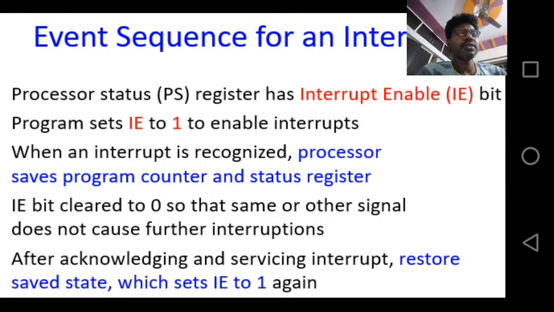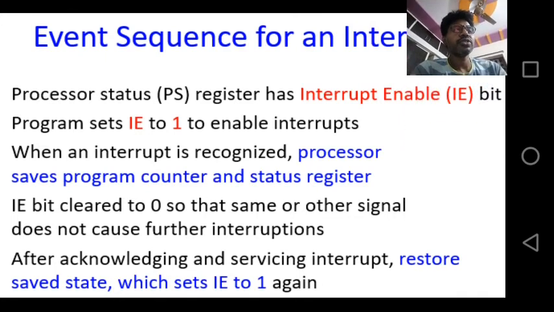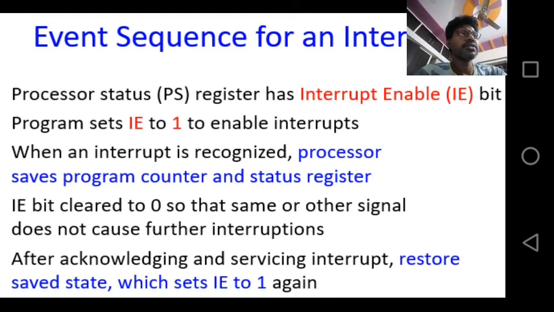Now we see some sequence of events when an interrupt is generated. First, what happens? The processor status register has an interrupt enable bit.